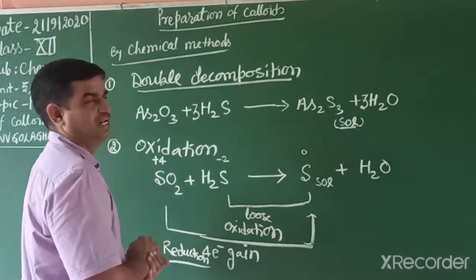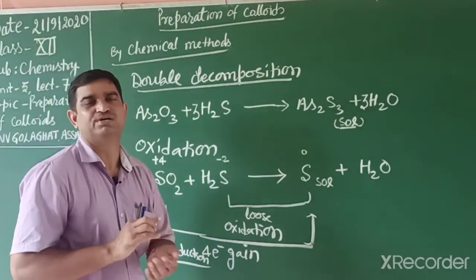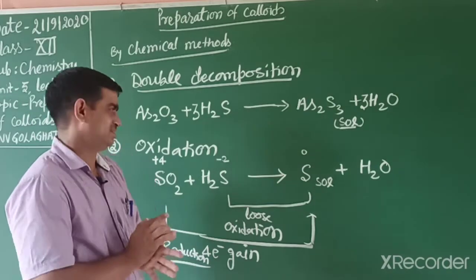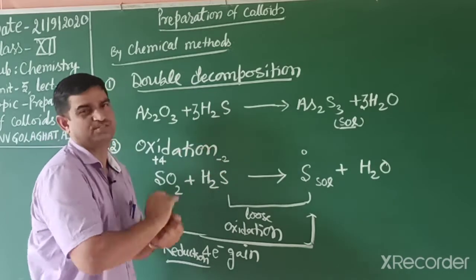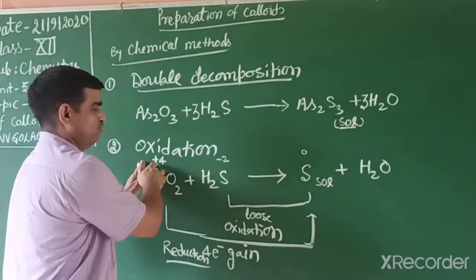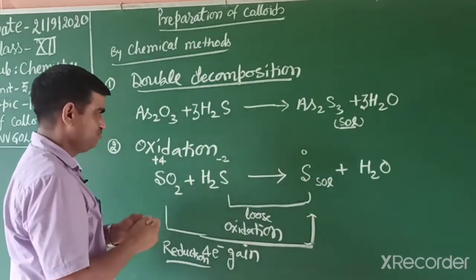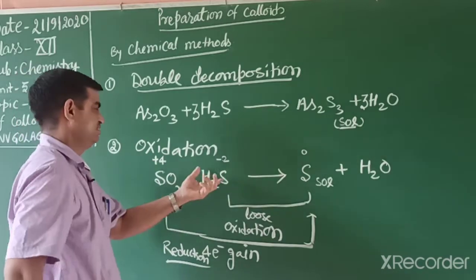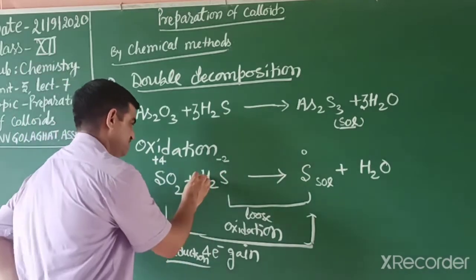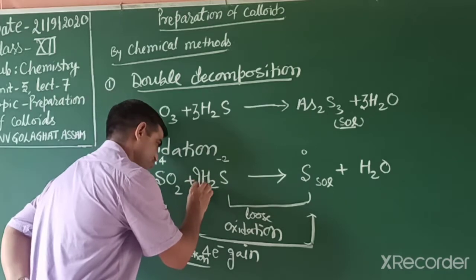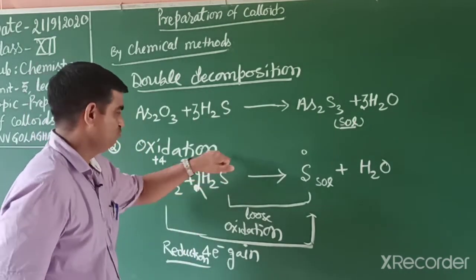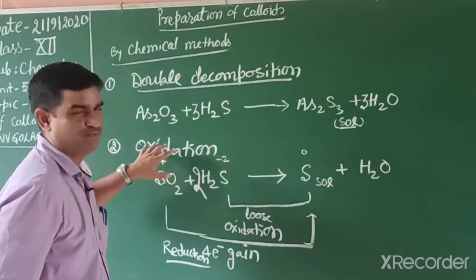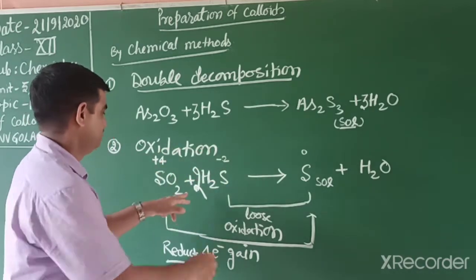Now we want to balance. Students, by the oxidation number method we discussed in 11th class, there is +4 and there is -2. Both must be equal: +4 means gain of electrons and -2 means loss of electrons. So we multiply by 2, then -2 into 2 is -4, and -4 and +4 are equal, so it is balanced.